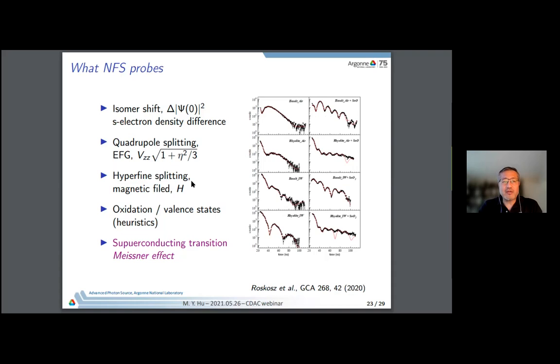That is kind of heuristic, because if you list the isomer shifts or quadrupole splittings of many samples, you see them clustering around certain numbers. Particularly if you plot quadrupole splitting against isomer shift, you see clustering, and then you can label the clusters with so-called valence states, +2, +3, and so on.